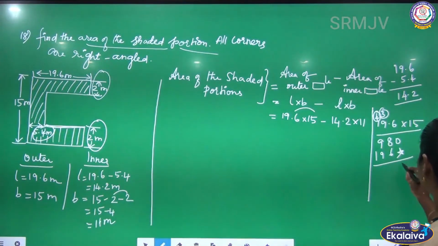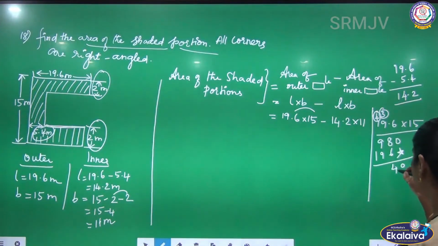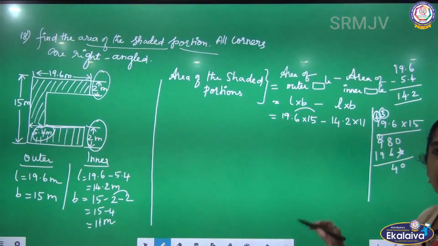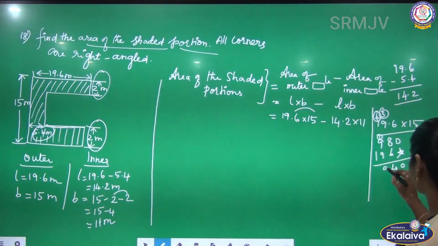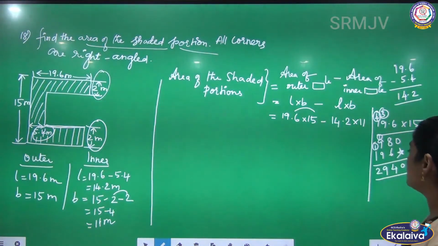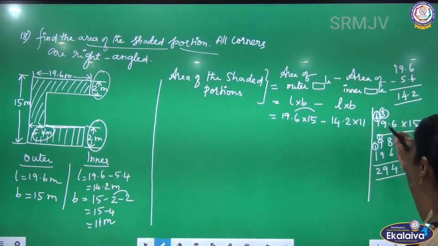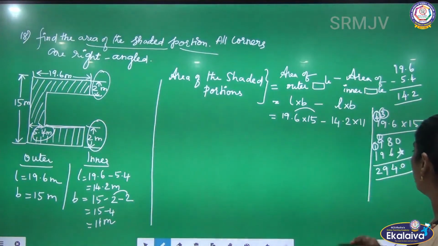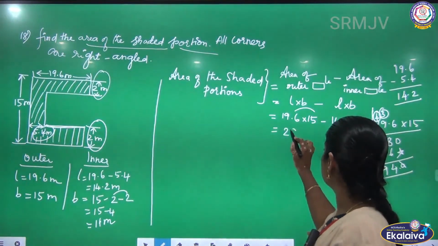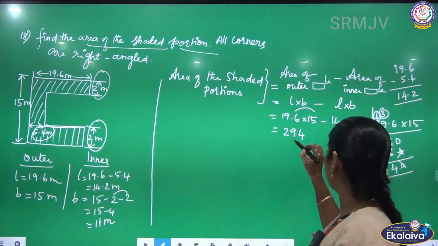So 0, 6 plus 8 is 14, 1 carry over, 9 plus 9 is 18, 18 plus 1 is 19. So 1 carry over. What is the answer when I am multiplying this? 1 digit after you have to keep the decimal. Now when I am multiplying these two, what is that? 294.